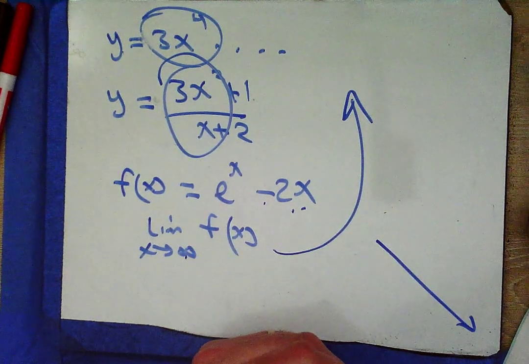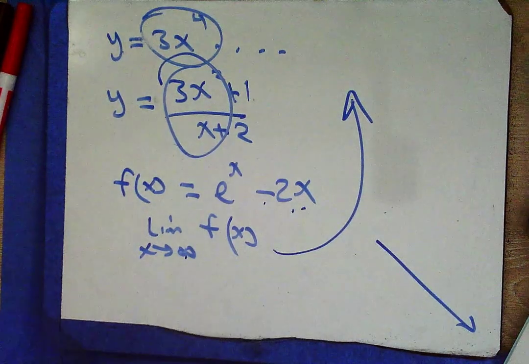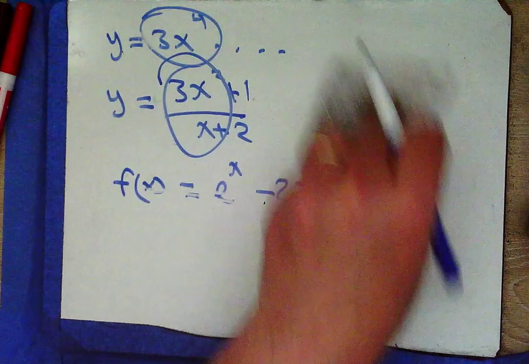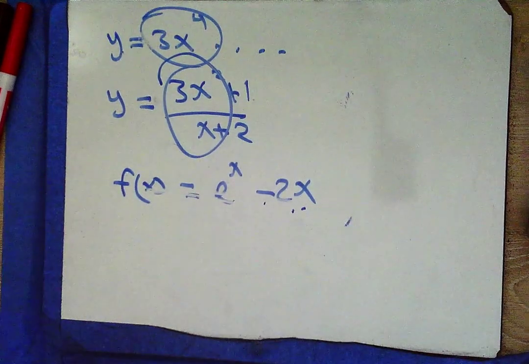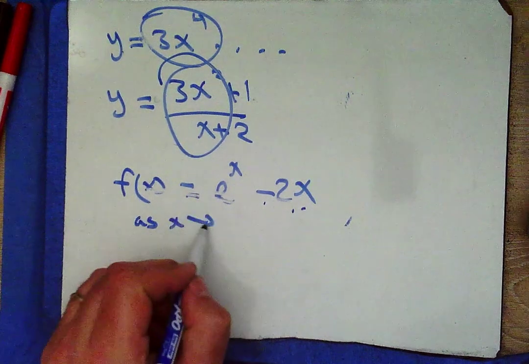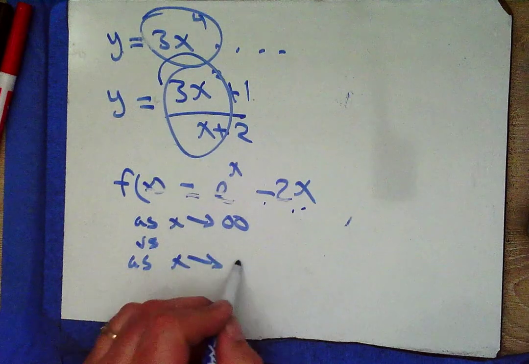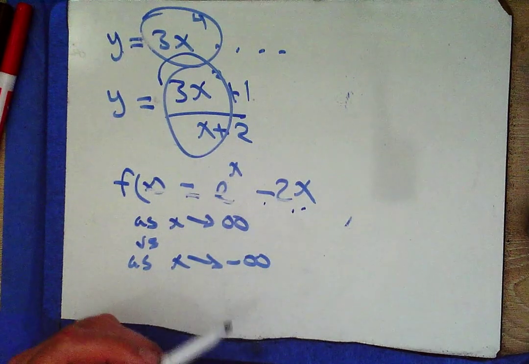So, how do we know where we go? And so an end behavior model is called for. And we may not have the same end behavior model as x heads to infinity versus as x heads to negative infinity.